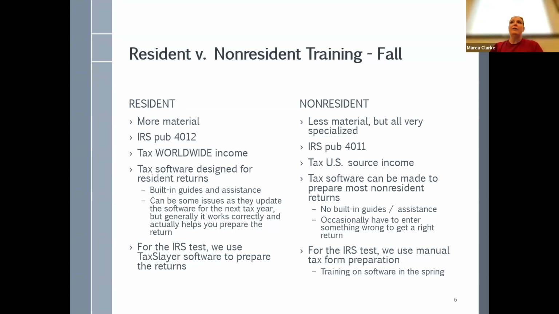And occasionally you have to actually enter something that is incorrect to get a correct return out. So because of this, we do not use the tax software to train for the IRS test. We will fill out the forms by hand because it is much quicker and simpler and easier that way. We will focus on learning the tax software for non-residents in the spring.